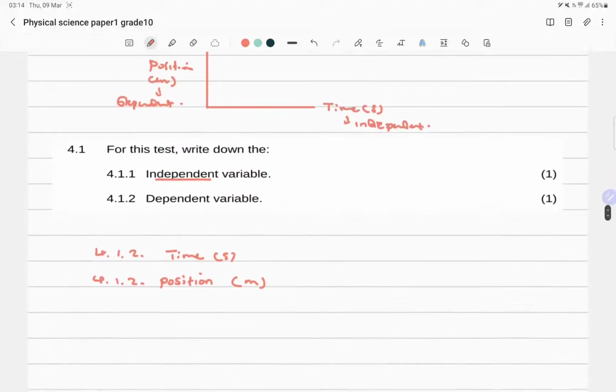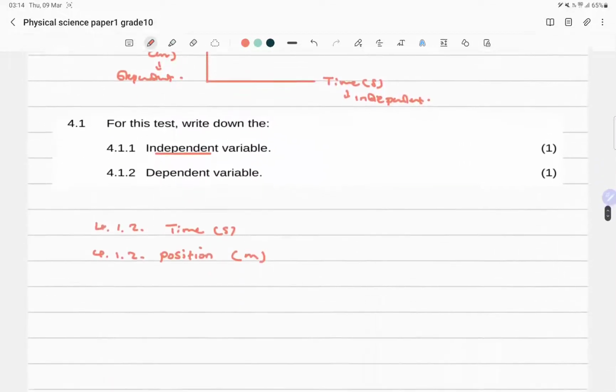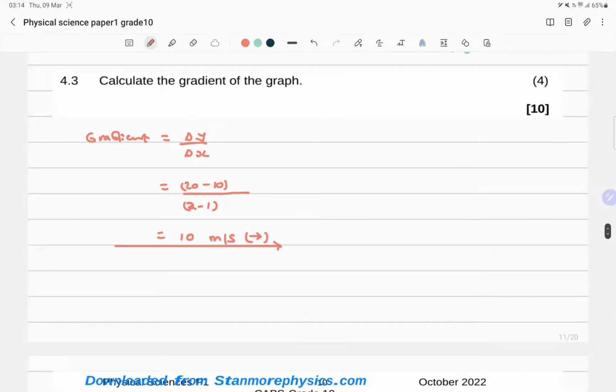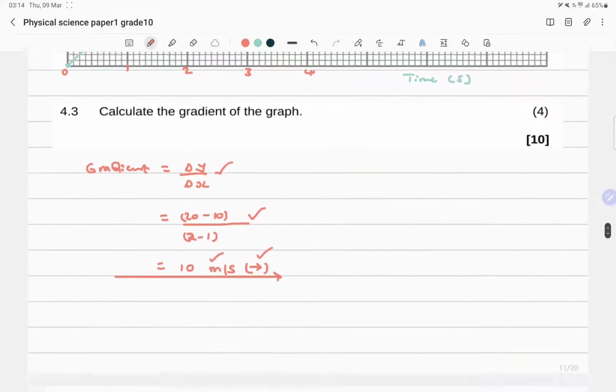In which direction was this truck accelerating anyway? In an easterly direction, yes. So that should be easterly. It gives us the velocity in the eastern direction. So it's very important: formula, substitution, answer, and direction, because it represents a vector. Again, it's a hidden vector, so to speak.